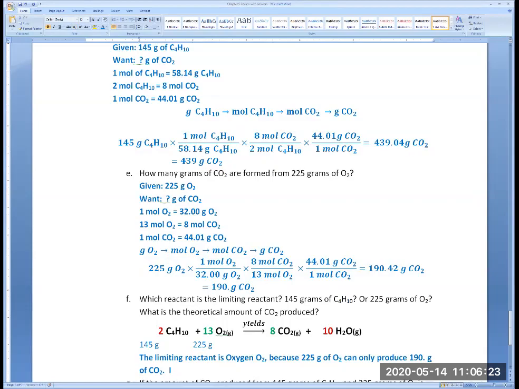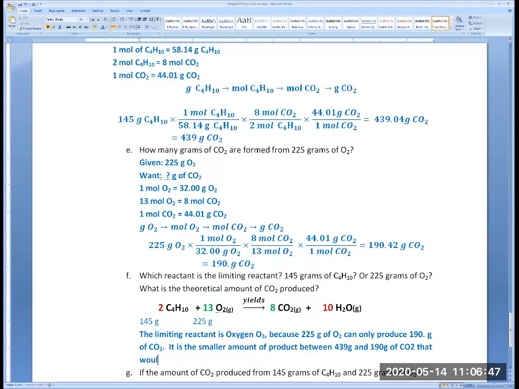It is the smaller amount of product between 439 grams and 190 grams of CO2 that would be produced. Well, actually, it's the 145 first, 145 grams of.